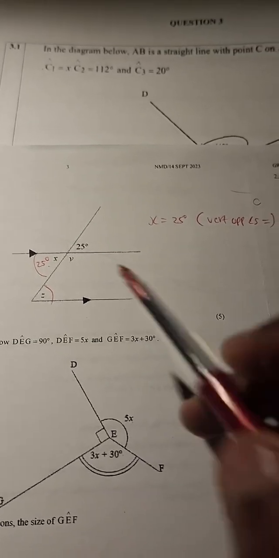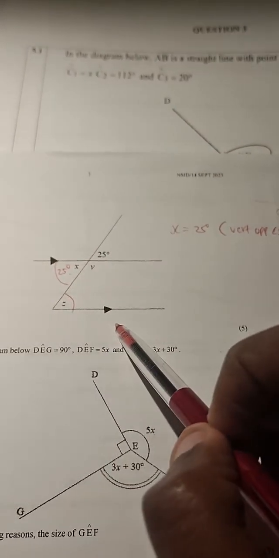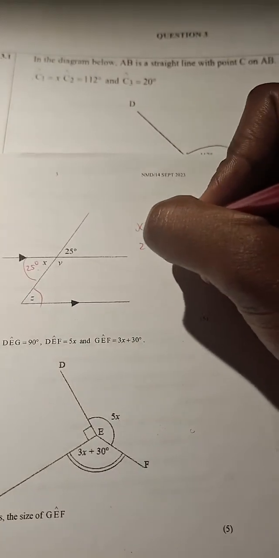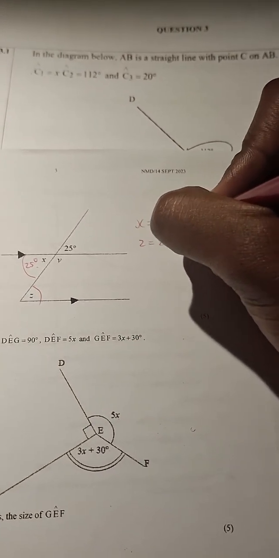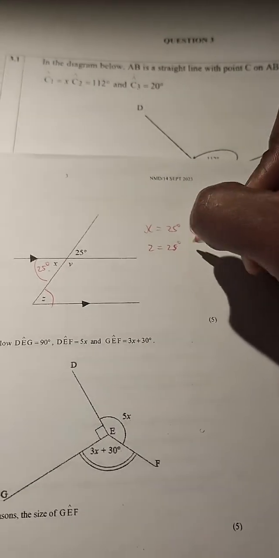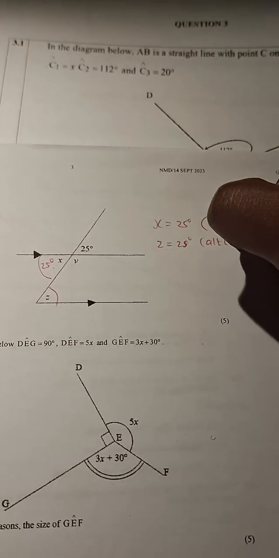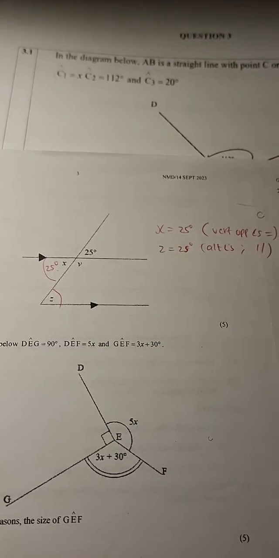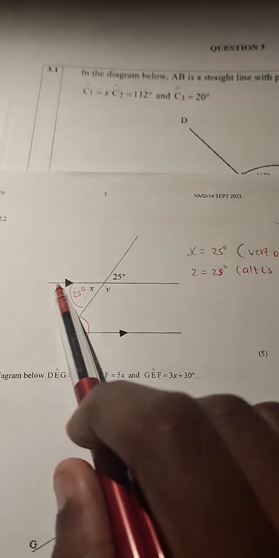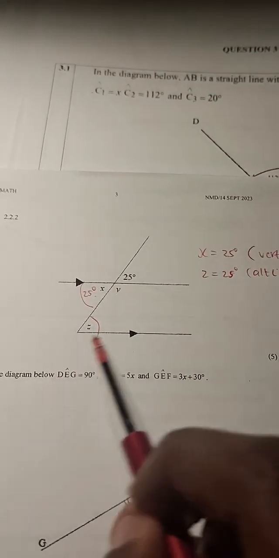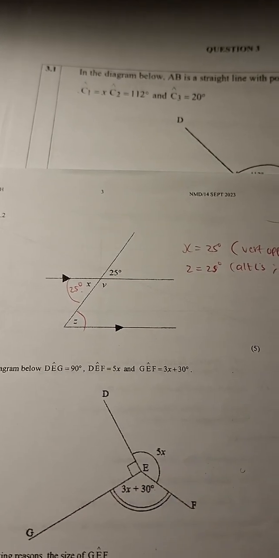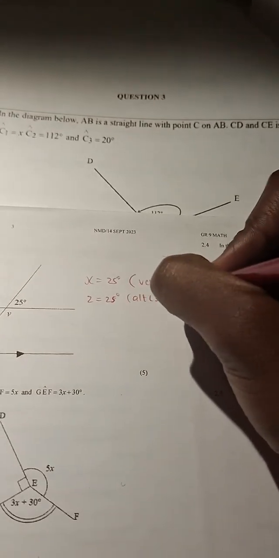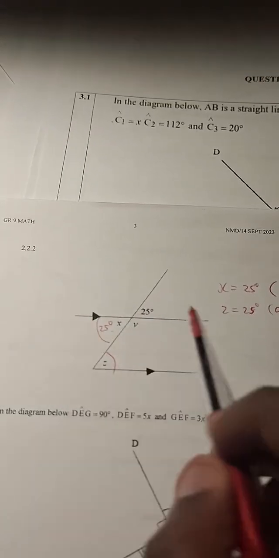Those two angles are between parallel lines. Your other relationship is alternate angles. So we can say z is equal to 25 degrees. And please, when we write alt angles, we must state the lines that are parallel. Unfortunately, there are no letters here. So for the person who's marking my paper, I'm going to write alt angles, and a semicolon because I don't see any letters there.